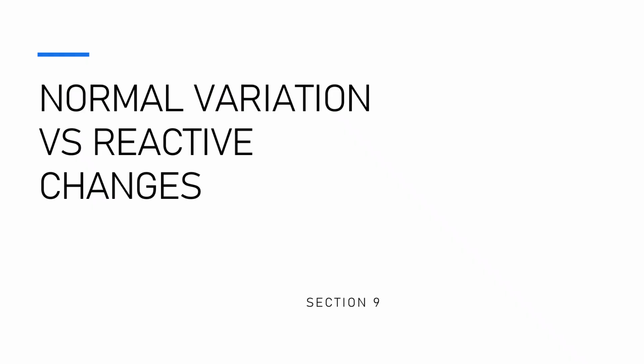Reactive changes are typically temporary and reversible, whereas malignant changes tend to be persistent and associated with uncontrolled cell growth. So part of interpreting a peripheral smear involves asking a critical question: is what I'm seeing simply the immune system reacting to something, or is it something more concerning? That's exactly what we'll start exploring in the next few slides.